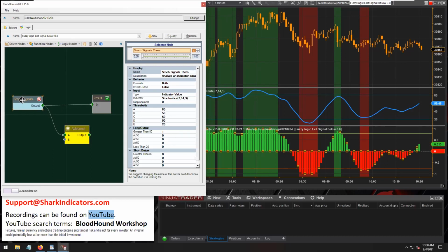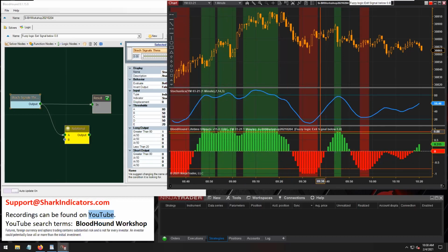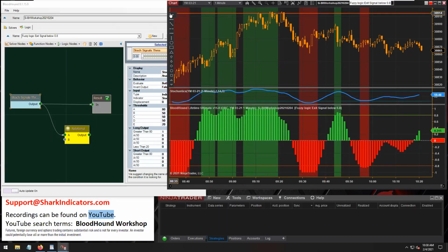That's our entry signal logic, and that's going into A. And so what needs to go into B is we need to know when the output is less than 0.8.